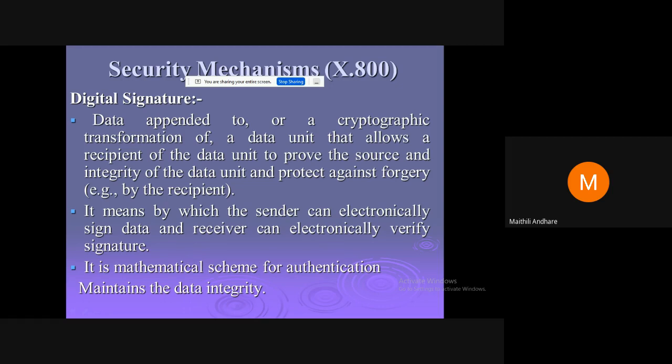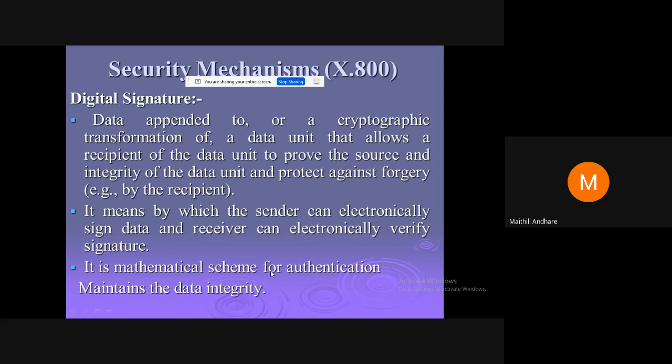That's why there is a need of digital signature. So when you want to authenticate the identity of the sender and receiver, then this digital signature is required. Okay, so how it is achieved, the data may be appended or some cryptographic transformation techniques are used so as to ensure the identity of the sender and receiver. So that is related to the digital signature.